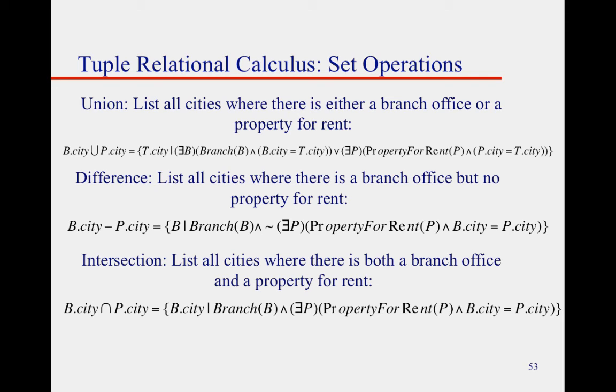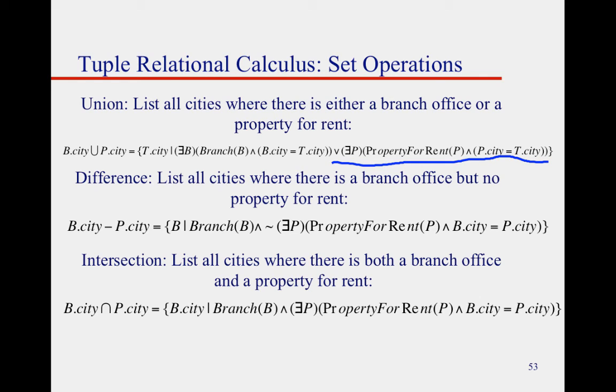So T is not ranging over anything on the right-hand side. Instead, I'm saying that either there exists a B such that B is in branch and B dot city equals T dot city, or this is the disjunction, or there exists a property for rent P and P dot city equals T dot city.